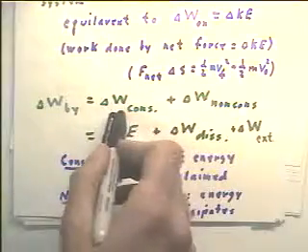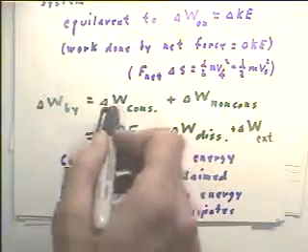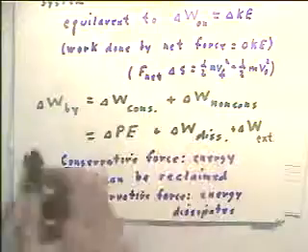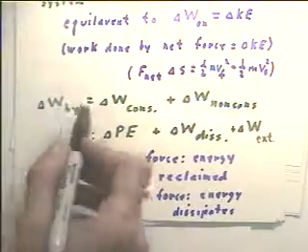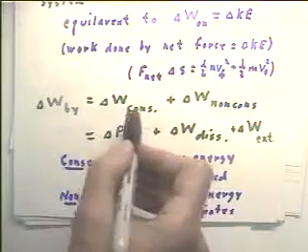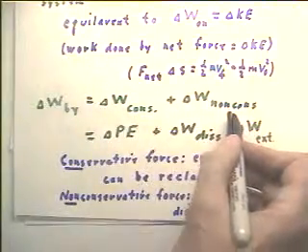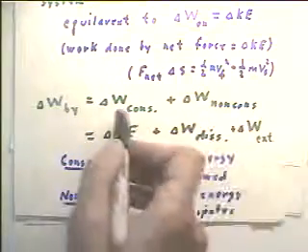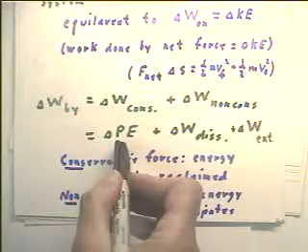The work done by a conservative force we're going to call the change in the potential. The work done against a conservative force, I said by a conservative force. Let's do this again. This is work done by the system. That's the work done by the system against conservative forces, plus the work done against non-conservative forces. The work done against conservative forces is the change in potential energy.